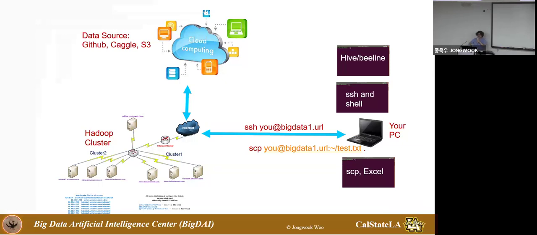So this is the workflow or architecture that you're going to use in the lab, including lab 1 and lab 2, and the remaining labs are mostly for data analysis.